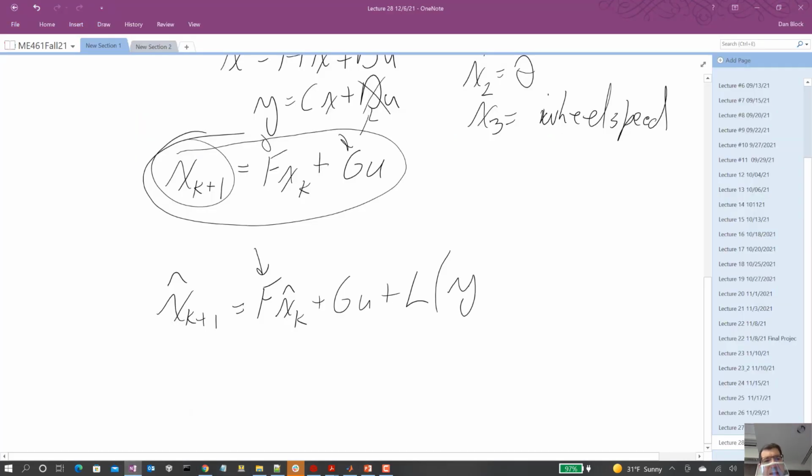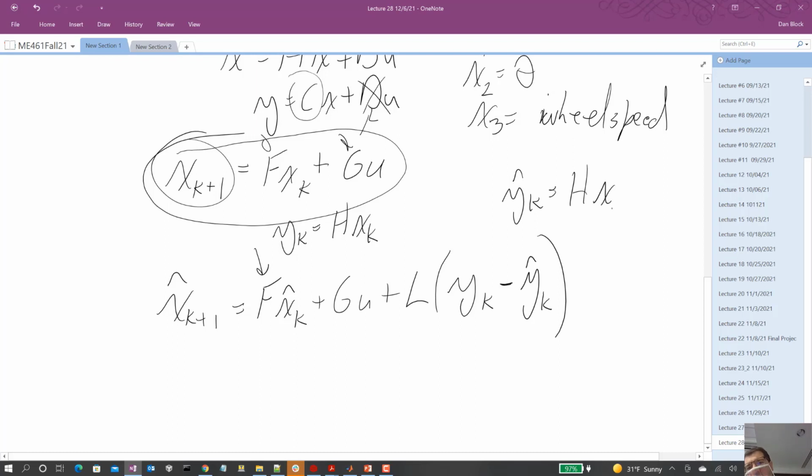So y k, remember, is c x, which is the same thing. A lot of times they change that to y k equals h x k. So the states that we can measure are our y k, and then we subtract our estimate, which is really simple: y hat k is equal to h times x hat k.